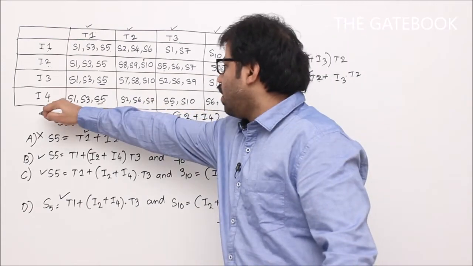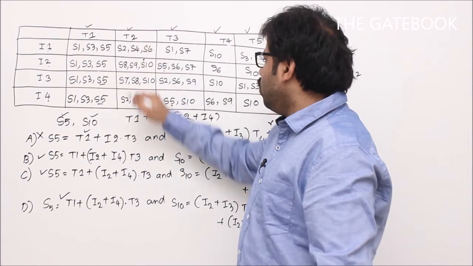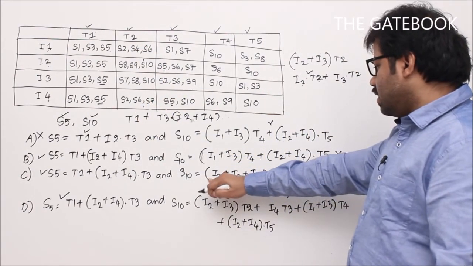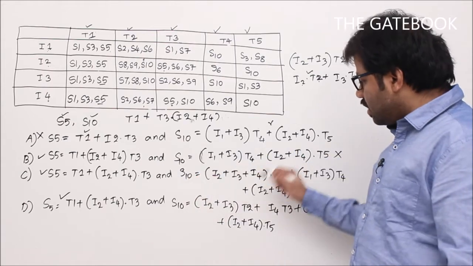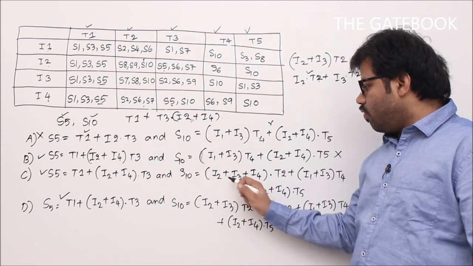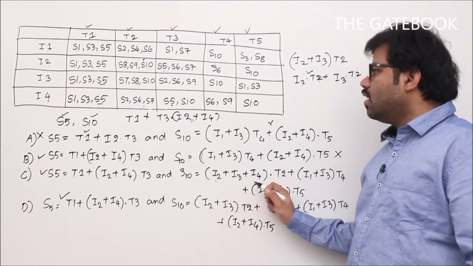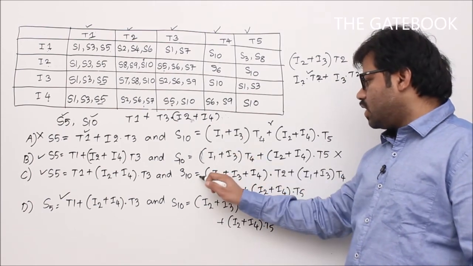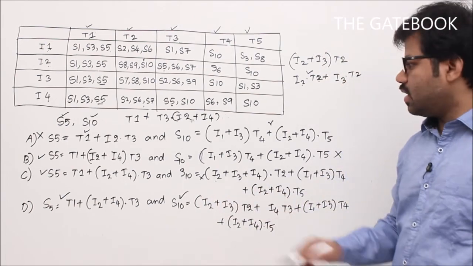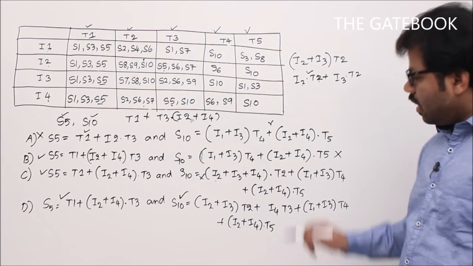No. For I4, T2, there is no S10. But here the circuit is unnecessarily going to generate an S10 signal for I4 into T2. That is wrong. So I can say S10 is this one, because all other options are eliminated. Let us check one more time.